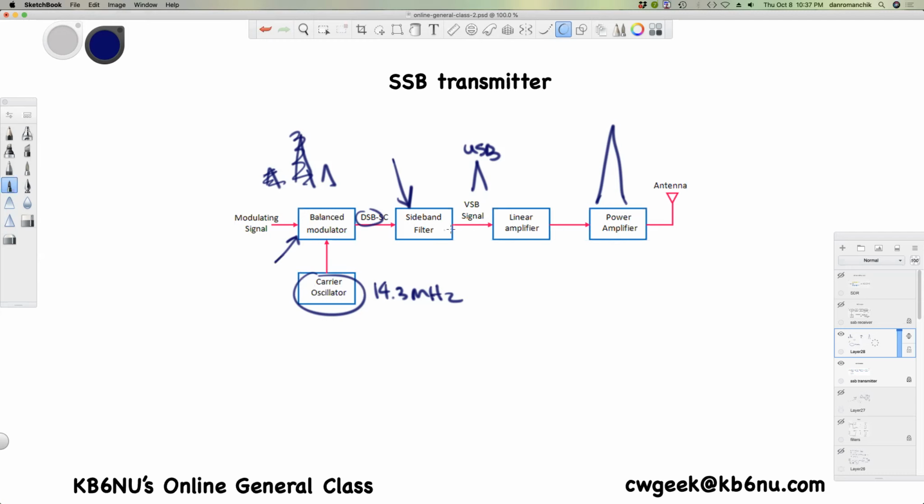And then after the sideband filter, they have another mixer stage, which produces the actual output signal. I didn't show that here, but the balanced modulator and the filter would still be the same. Any questions about that? All right.